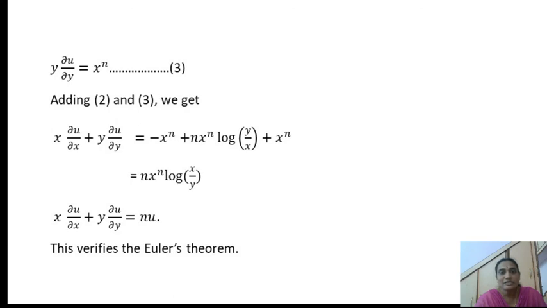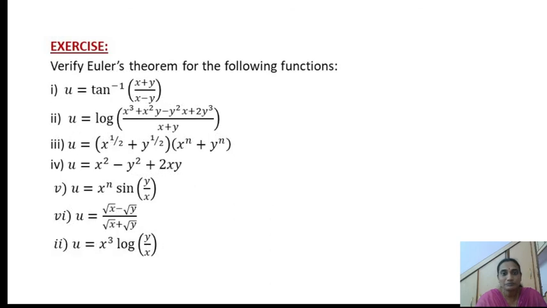Here minus x to the power of n plus x to the power of n cancels. Then the remaining term is n x to the power of n log of x by y. But we know that x to the power of n log of x by y is u. Thus, it becomes x ∂u/∂x plus y ∂u/∂y is equal to n into u. Hence, it verifies Euler's theorem.